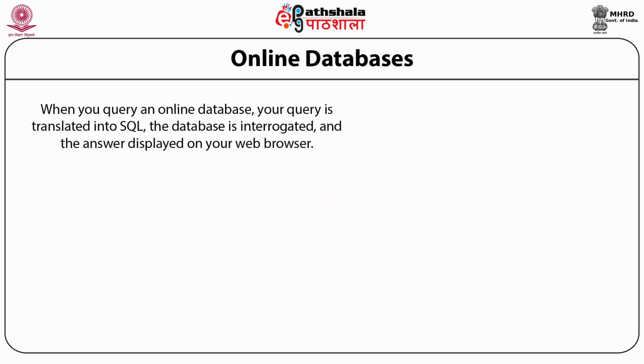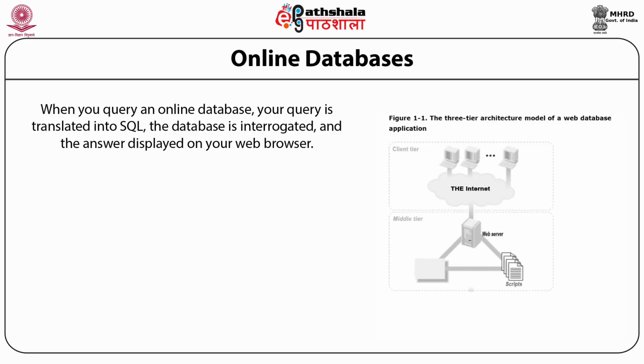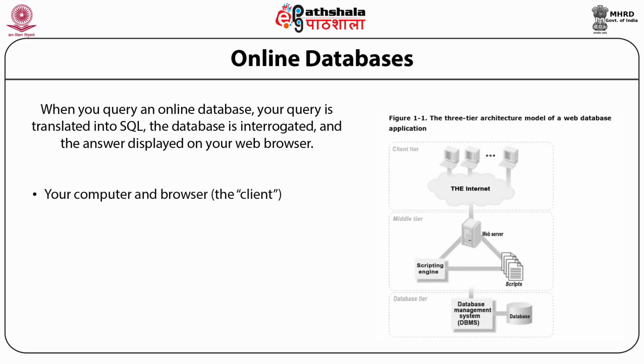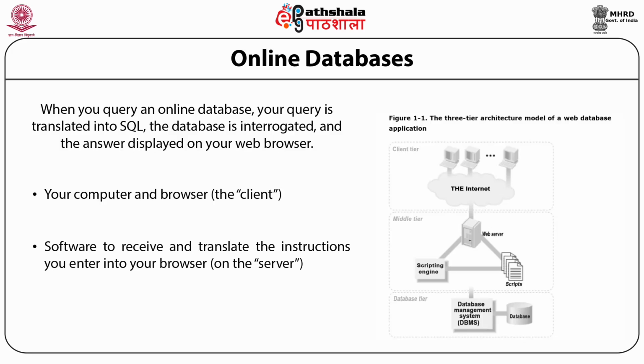We are going to discuss the basic structure of a database. You can see here that in a database there are some clients attached to the internet interface and the computer browser. From there you can access the database. On the other side, there is software which receives and translates the instruction you enter into your browser.